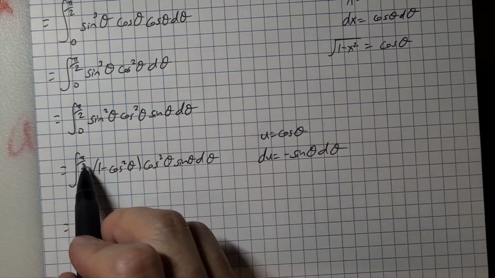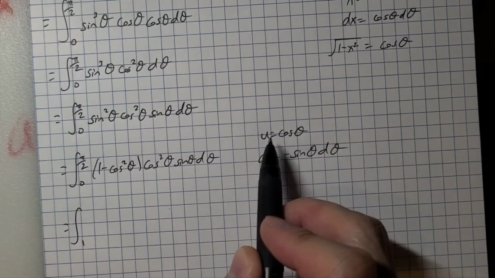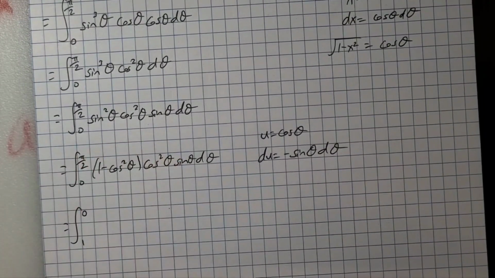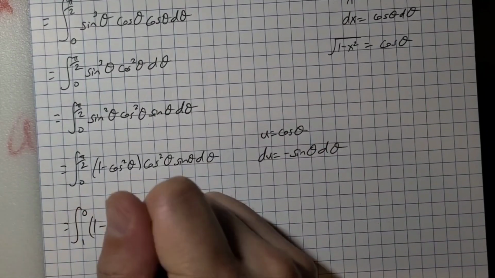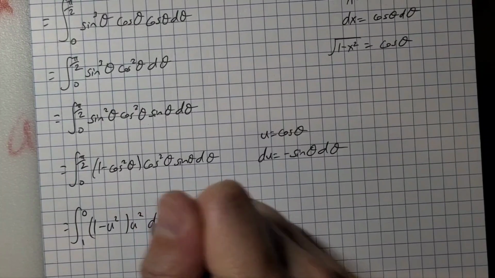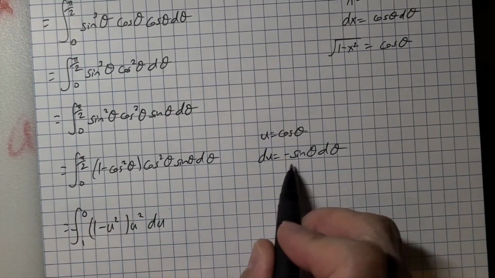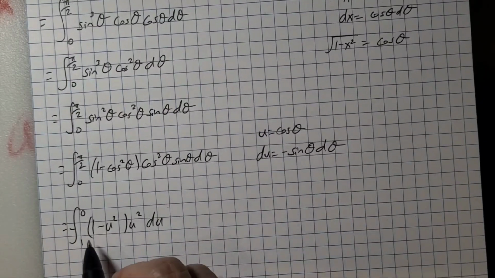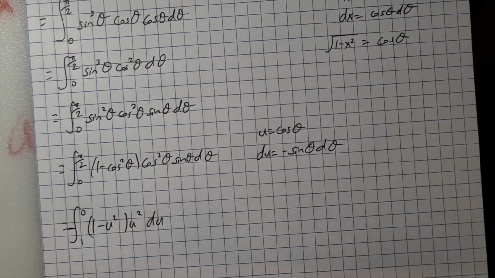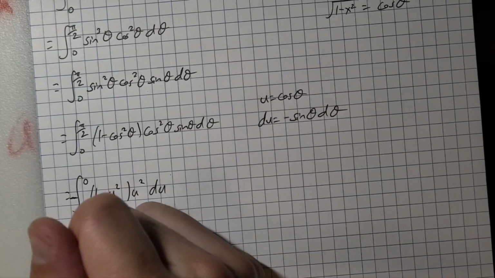U would be 1. When theta is pi over 2, u would be 0. So integral from 1 to 0 of 1 minus u squared du with the minus sign in front, because sine theta d theta is minus du. Okay, so that does not look like a minus sign, but there's a minus sign there. Okay, we can make it look nicer.